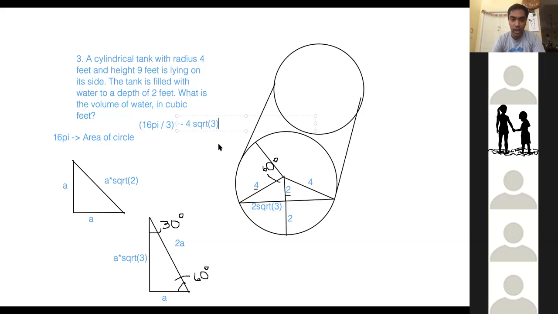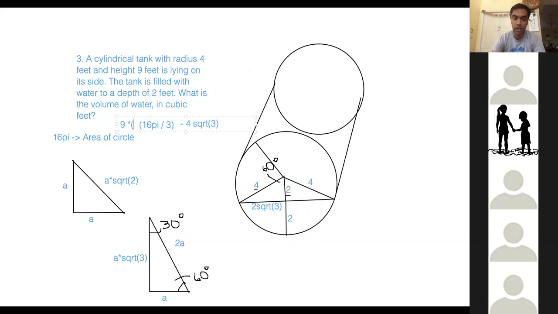Okay, so now we actually have solved for this area. The area of basically the water, if I just looked at one side of the tank. So now what do we have to do to get the volume of the water in the tank? Now what you can do is multiply it by 9 feet, since that's how long it would be, since it's on its side.